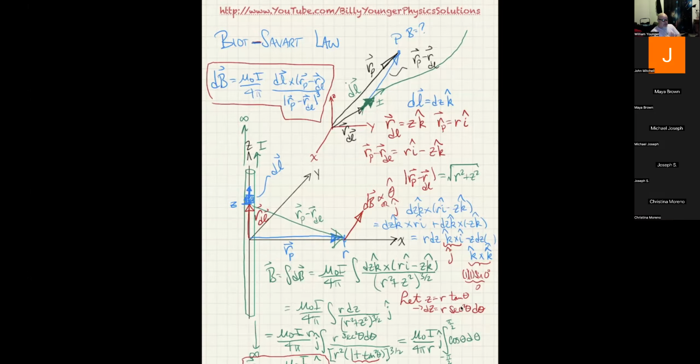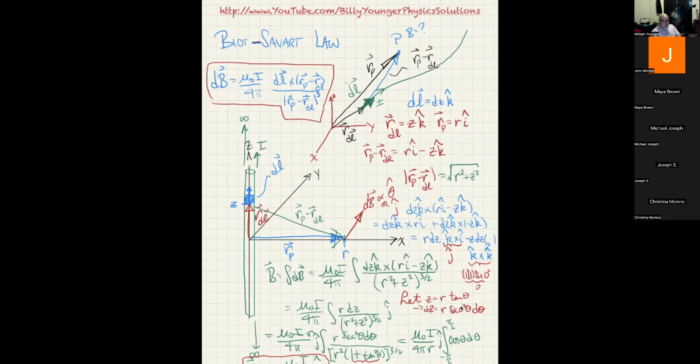You've got to identify dL, right? That happens to be a little line segment of infinitesimal length, dL, in our case it was dz, that points, because it's a vector, the same direction as the current I, and it has to be along the wire carrying the current. That's all you've got to do with the dL.